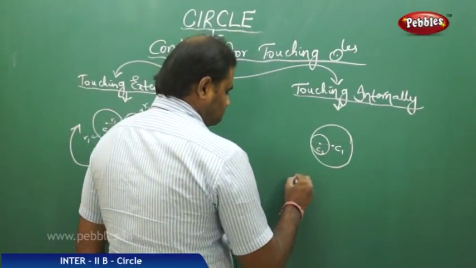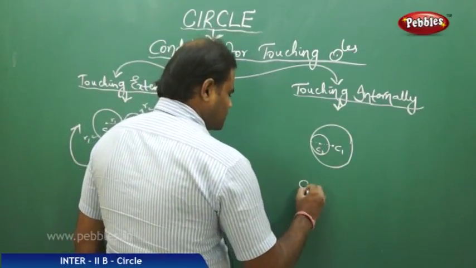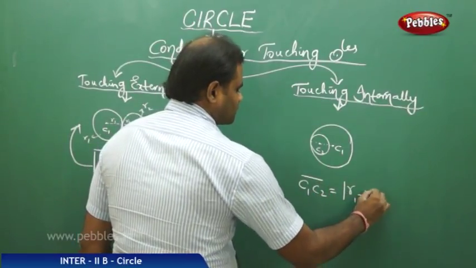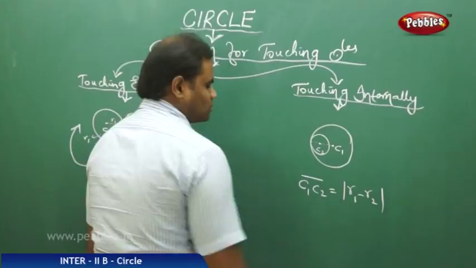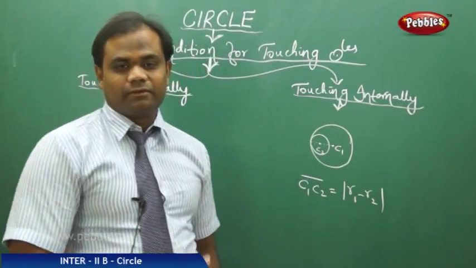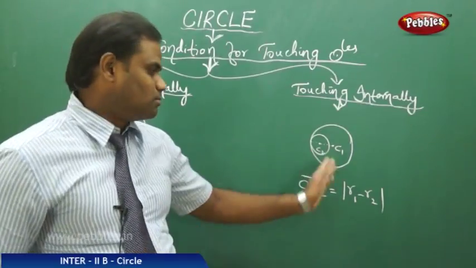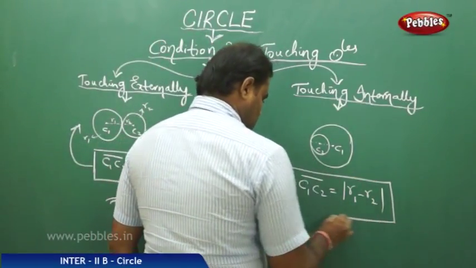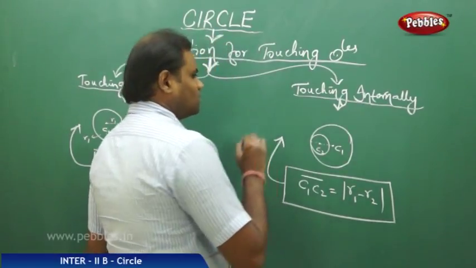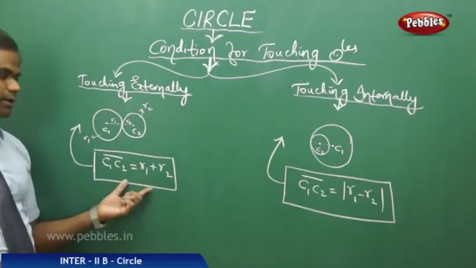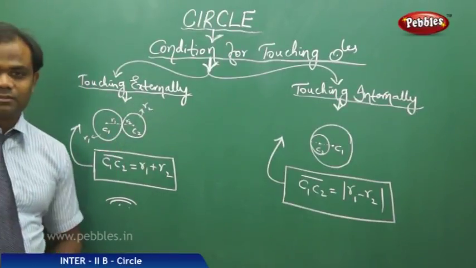Therefore, the condition is this equals mod R1 minus R2, whichever is greater. The modulus comes because if the value is negative, we make it positive by putting the modulus. So this is the condition for internally touching circles and the condition for externally touching circles.